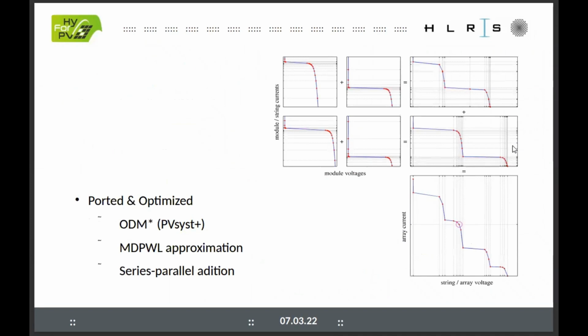A big part of the work in the past 2 years, the HLRS was optimizing these algorithms. So using the minimum number of points to represent this one diode model, ensuring a given precision.